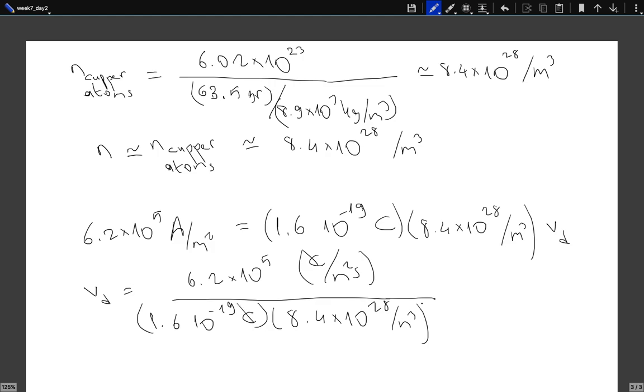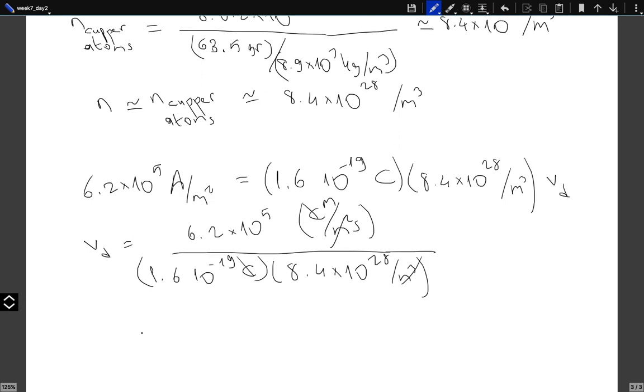The coulombs will cancel, and we will have meters over there. So this is 6.2 times 10 to the power 5 meters per second divided by 10 to the power 8, more or less.